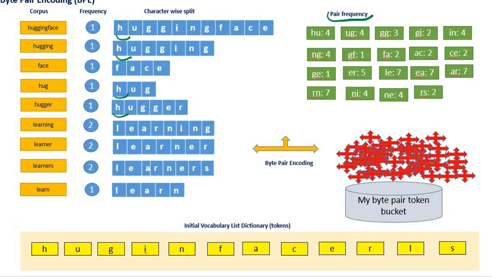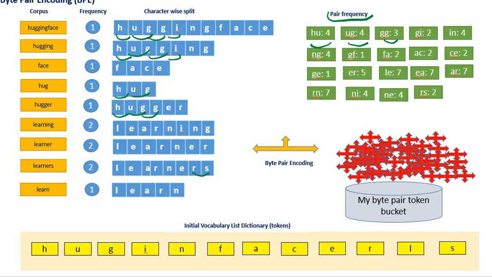Similarly UG: 1, 2, 3, 4. GG: 1, 2, 3. GI: 2 times. Like that, we define all the pairwise frequencies here. Clear?